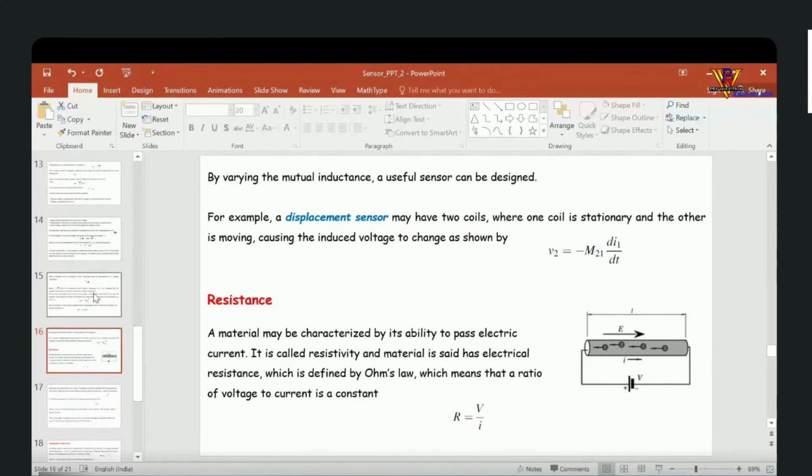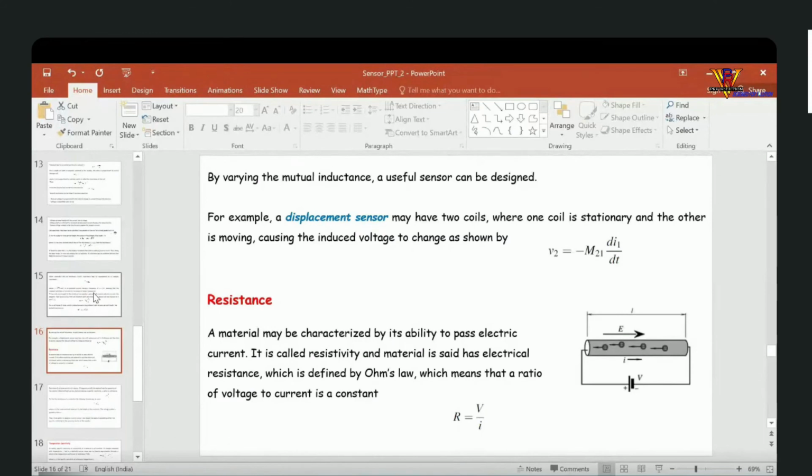So that is another way of designing a sensor, and that sensor can sense the mutual inductance between these two coils. So, for example, a displacement sensor may have two coils where one coil is stationary and the other coil is moving. When it happens, the induced voltage is produced, and that may be expressed as V2 equals this one. And by this voltage, we can observe the mutual coupling, and that mutual coupling can be related to the displacement between these two coils.